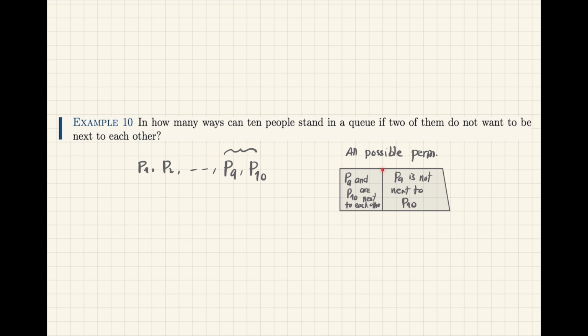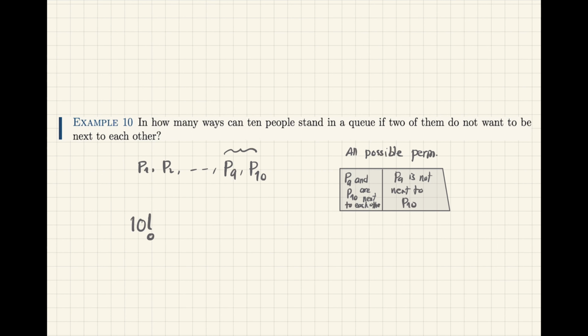This is important because I want to use the complement rule and the sum rule. So this plus this should be all possible combinations. First of all, I know the total number. I have 10 distinct objects. I want to arrange them, so the total number is 10 factorial.